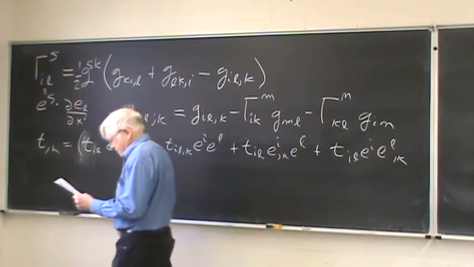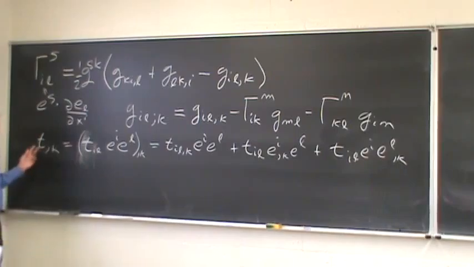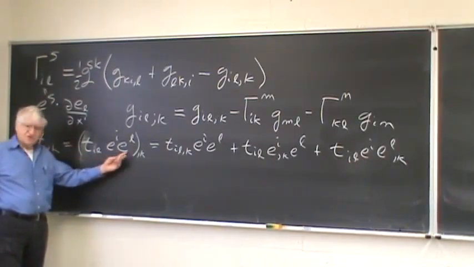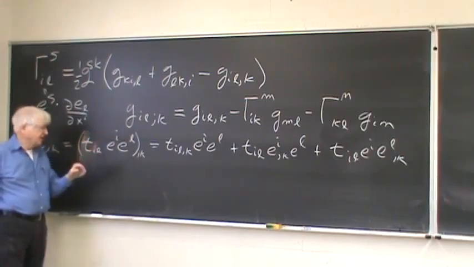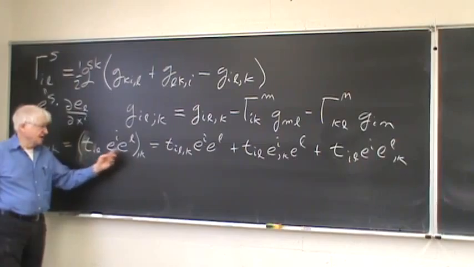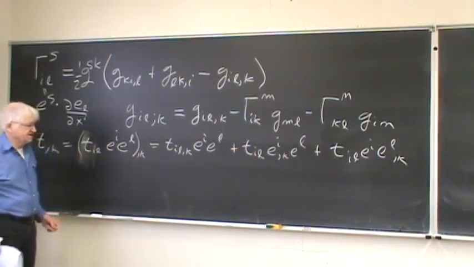So that's the whole thing. This is a second-rank covariant tensor, and these are two vectors that are contravariant, and the whole thing is an invariant quantity, invariant under the coordinate transformation. And so we're then taking its derivative.